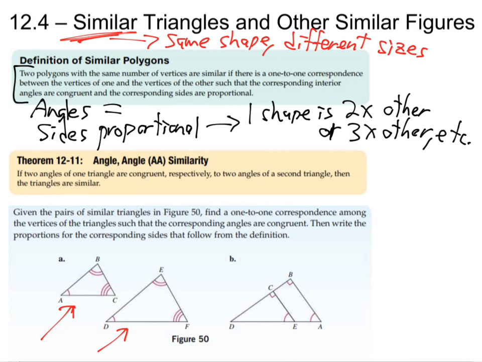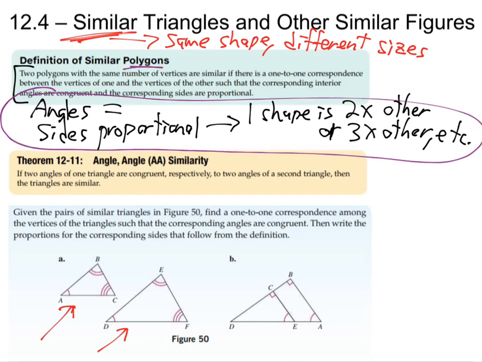So basically, if one of them has sides that are all twice as big as the other, or 3 times as big or whatever, and all their angles are equal, then we know for sure they are similar shapes. They're identical except for size. One's just a big version of the other. Otherwise, they're identical. So this is how you prove similarity for any polygon.